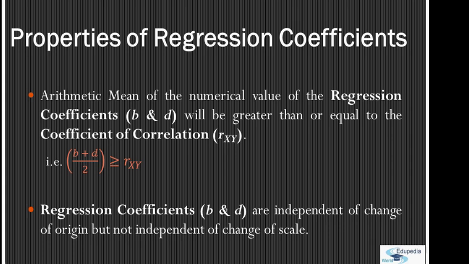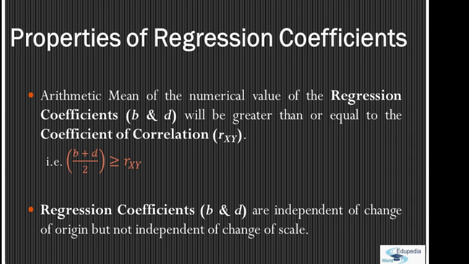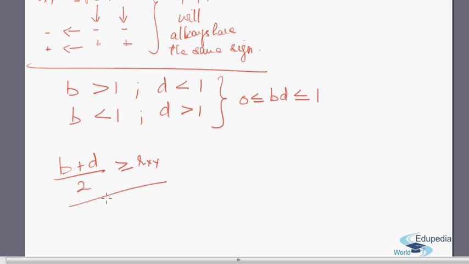That is, if you find the average of b and d, say (b plus d) by 2, this is the arithmetic mean, then this will always be greater than or equal to the value of Rxy. So this is our first, second and the third properties.